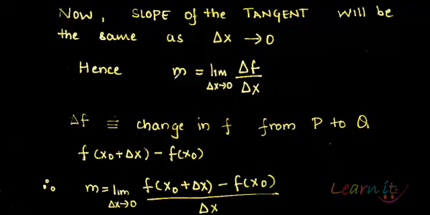So we need to find m, which is the slope of the tangent. It is nothing but the change in f upon the change in x as this change in x goes to 0, okay? The change in f is essentially the change from P to Q, right? What is the change? The difference between the y value here and the y value here.